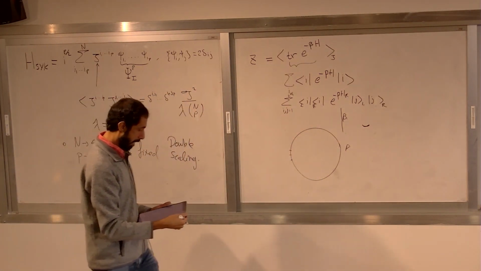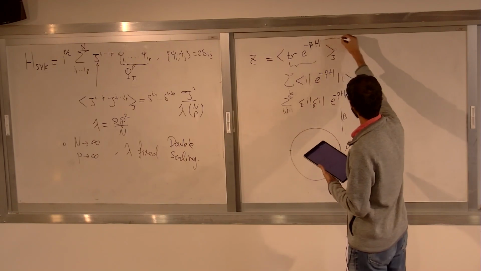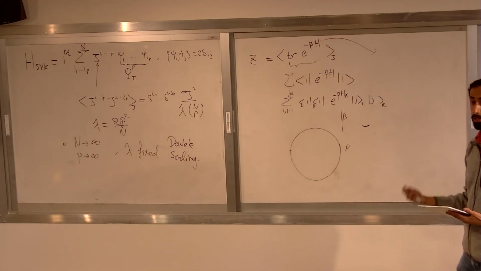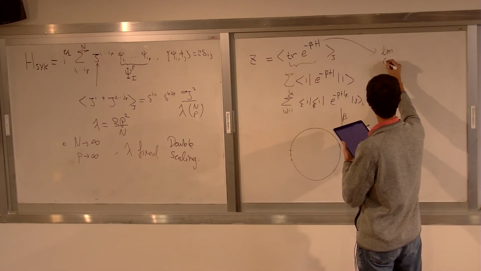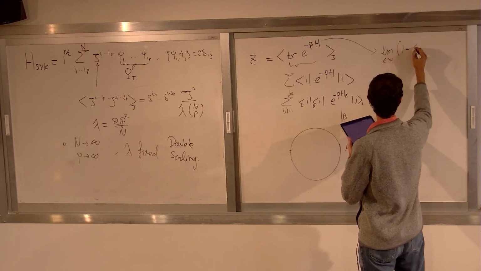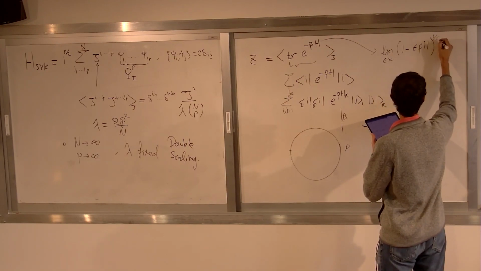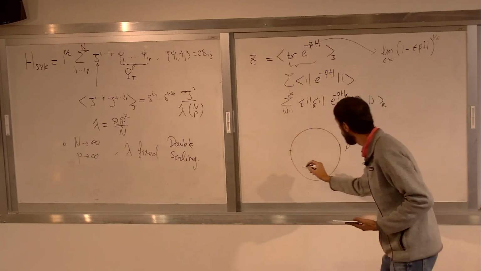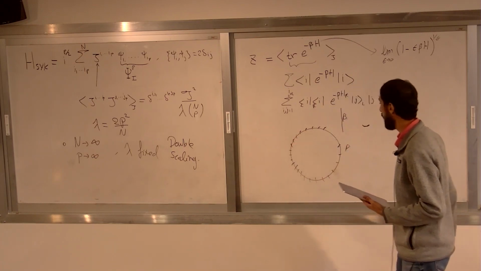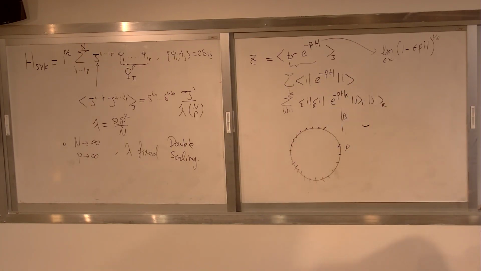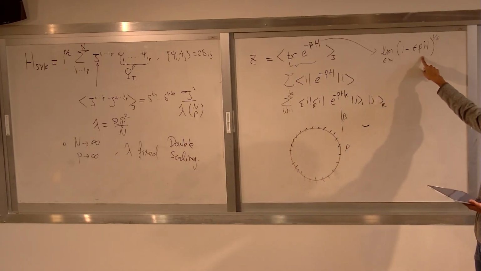Another thing you can do, which will be useful for us, is write the exponential. You can trotterize it. You can write this as the limit as epsilon goes to 0 of (1 minus epsilon beta h) to the power of 1 over epsilon. What this amounts to is breaking up the circle into epsilon beta sized segments, and in each segment you insert 1 minus epsilon times beta times h.